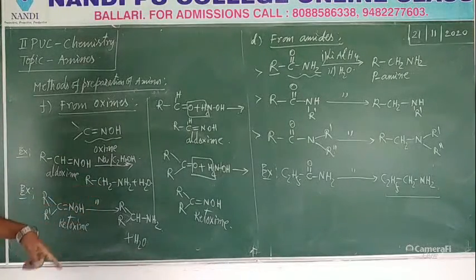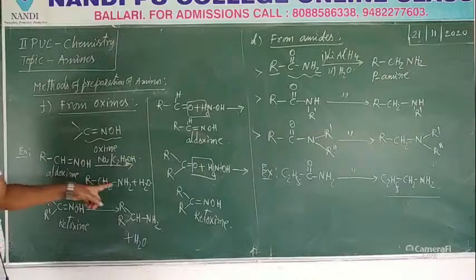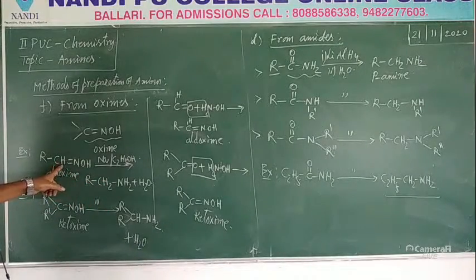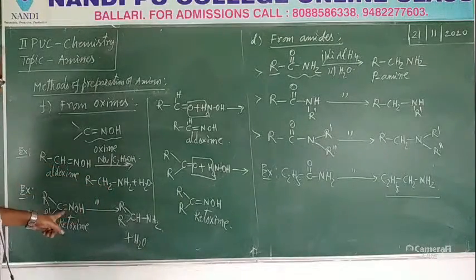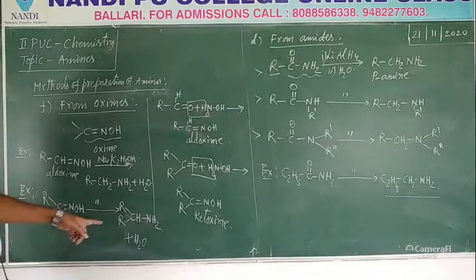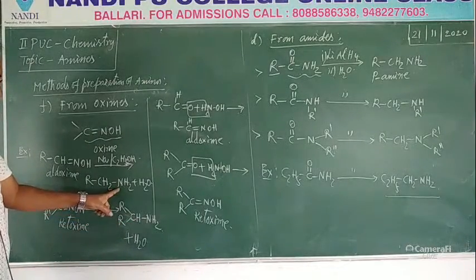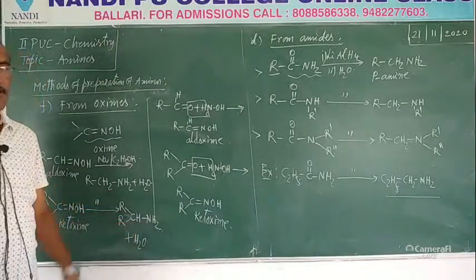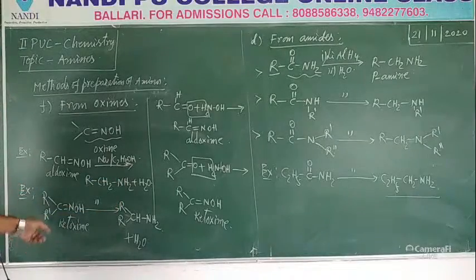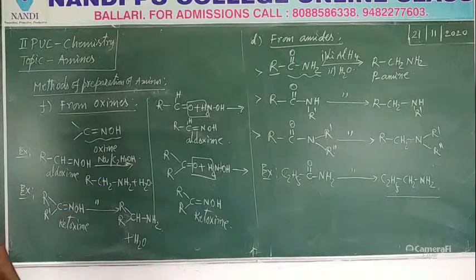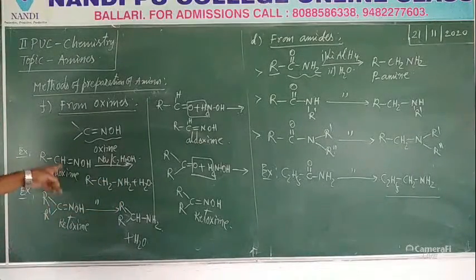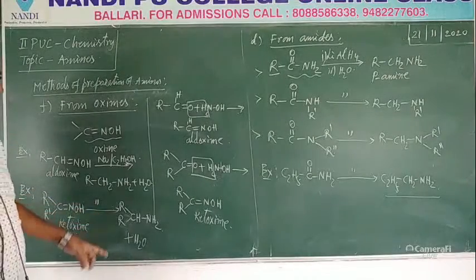Let us see the nature of the amine. This is CH2 NH2, and this is CH NH2. This is a primary amine and this is also a primary amine. So we get primary amines from these oximes.